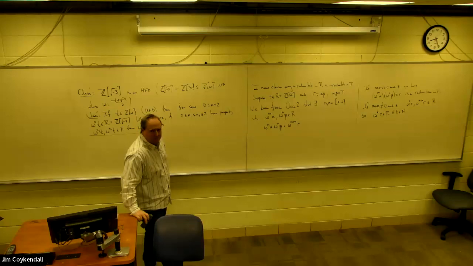Omega to the M times omega to the N R is equal to.